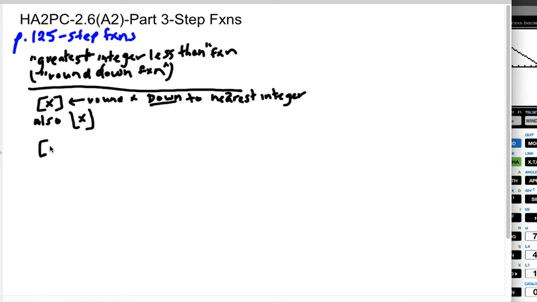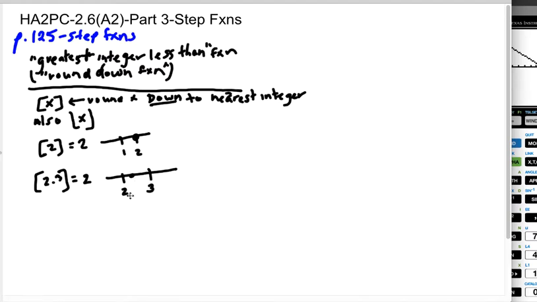So if I had brackets around a 2, 2 is already an integer, it's still going to be a 2. One way to think about that is if you look at a number line, let's say there's 1, there's 2, it's already on the integer, right? But if I gave you something like 2.3 inside the brackets, that's also going to round down to 2, because if you look at where 2.3 lives, here's 2, here's 3, 2.3 lives somewhere around here, so it rounds down to the nearest integer, right?